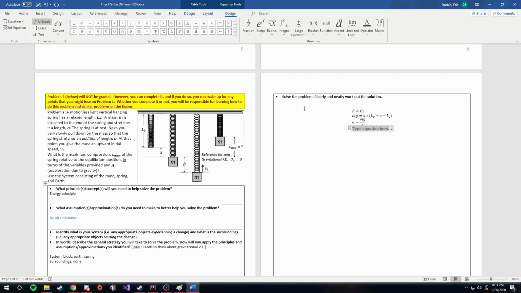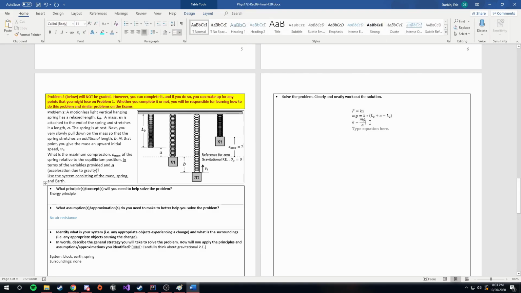Why didn't you just do k times A? Well, because x is the compression, and the compression is the distances subtracted from each other, because I'm dumb, that's why. Okay, you're not dumb. It is an interesting way to do it.